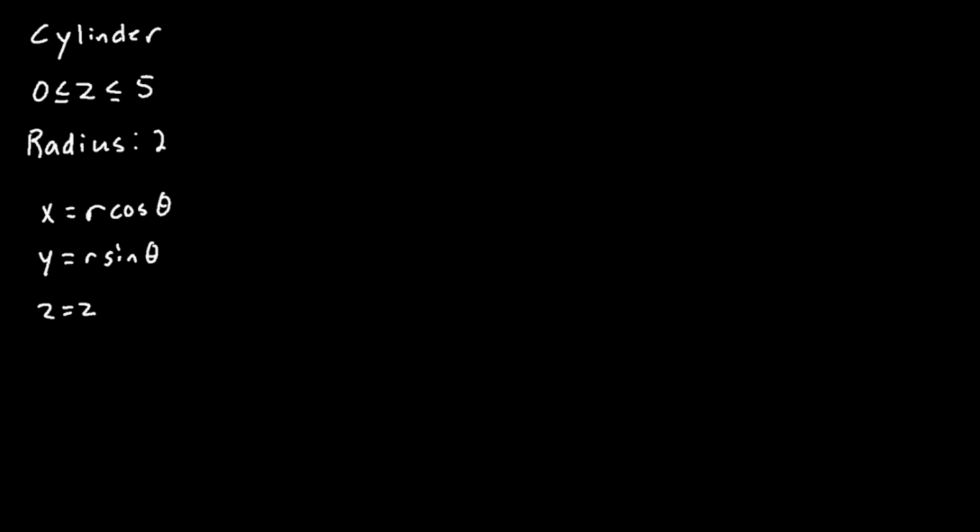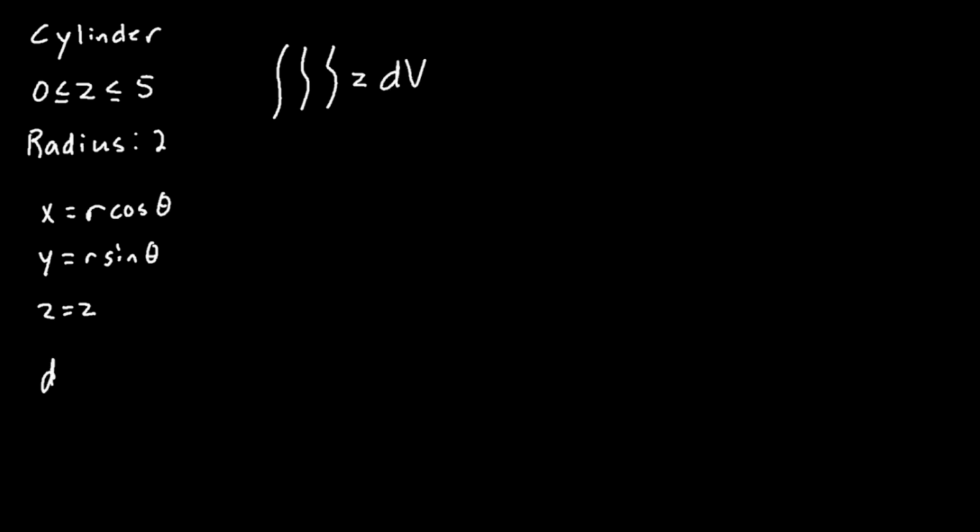So let's go ahead and do that. We have our cylinder from 0 to 5 in z, and the radius is 2. Remember, this is a full cylinder. In cylindrical coordinates, let's write down our triple integral. You're going to have a function, and that function will be z in this case, dV.